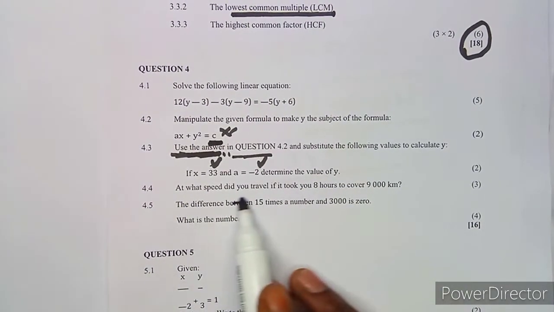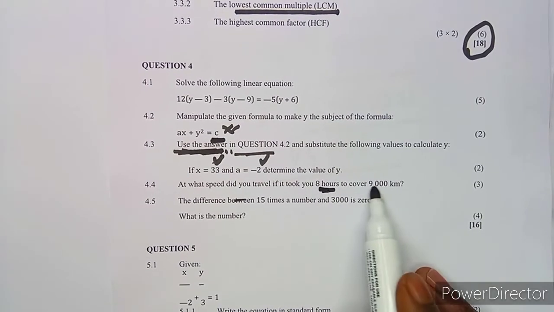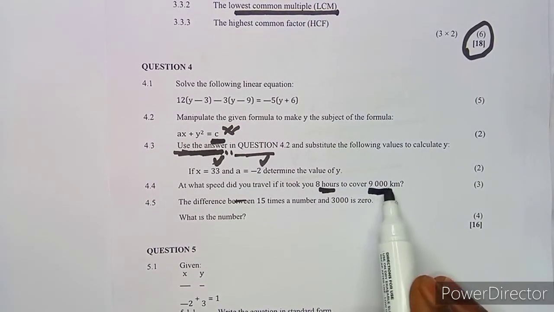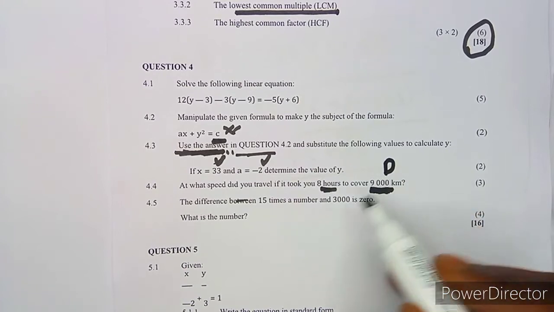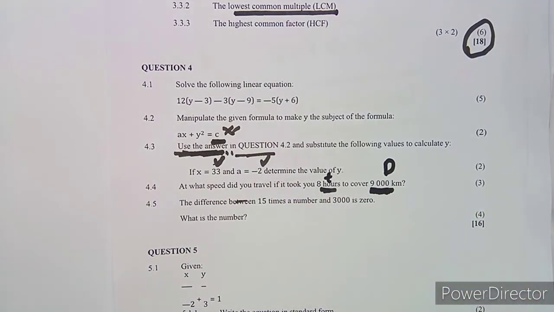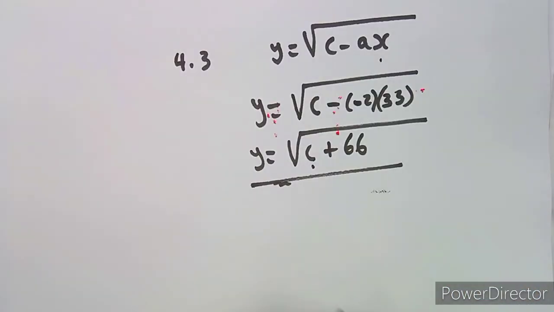At what speed did you travel if you took 8 hours to cover 9,000 kilometers? Okay, so the first thing is, remember when you are given this, this is distance actually, and this is the time, and you want to calculate the speed. So you know that speed is equivalent to distance over time.